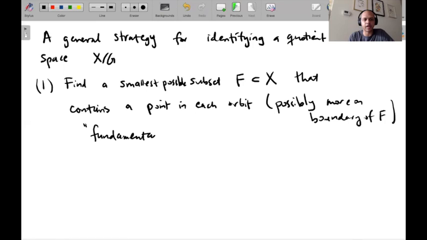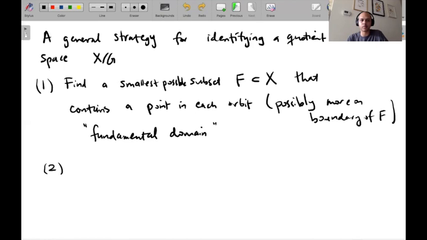F is sometimes called a fundamental domain.